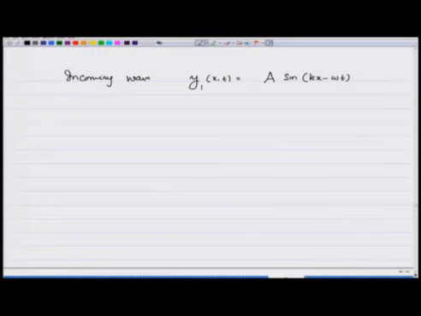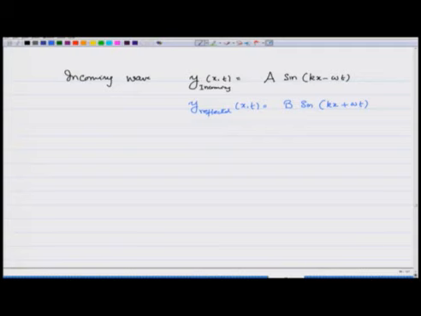So, this is incoming, and let me write y reflected (x,t) as B sine, frequency cannot change, k cannot change, lambda cannot change, because it is the same medium, but it is going to be sine of kx plus omega t.